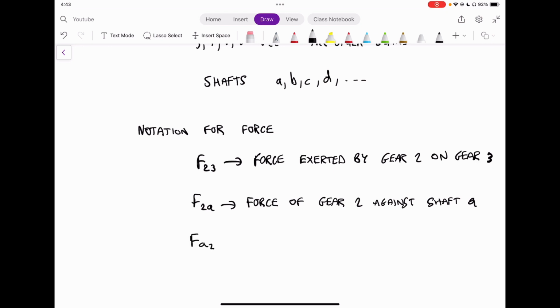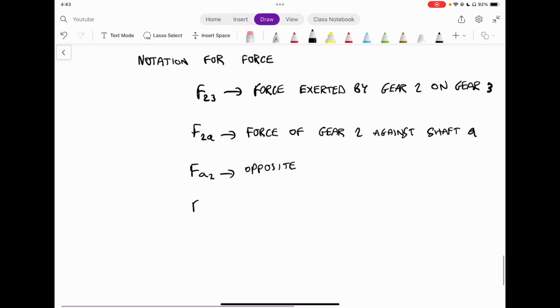So I can do FA2, and FA2 would basically be the opposite. And you could also write, if you wanted to, F32, which would be the opposite of F23. So it would be the force exerted by gear 3 onto gear 2. And we'll talk a little bit about what that means and how that works.